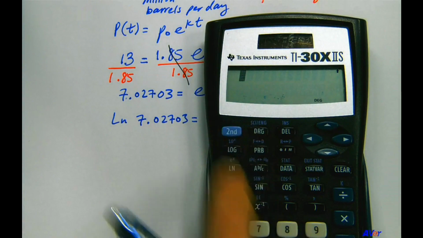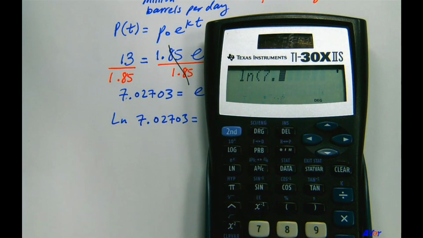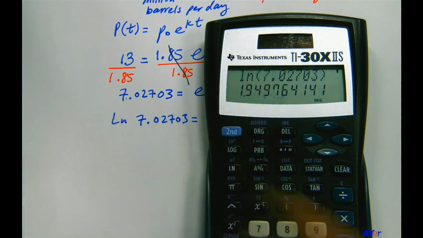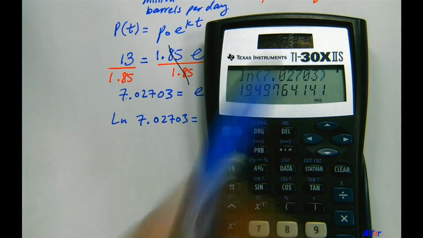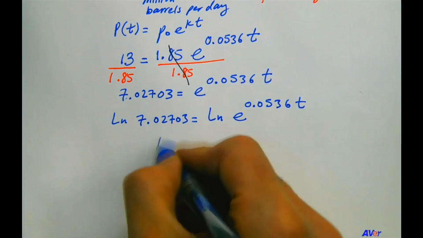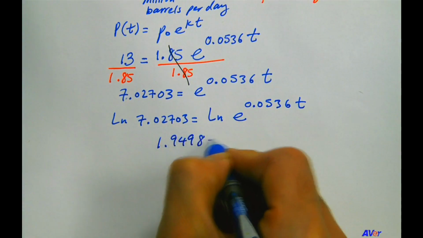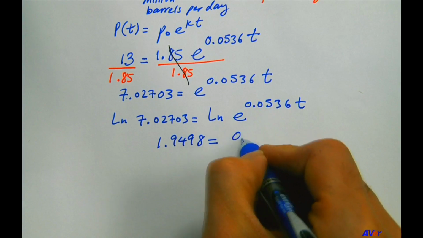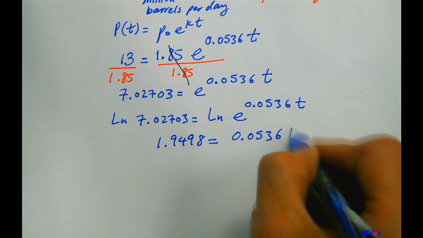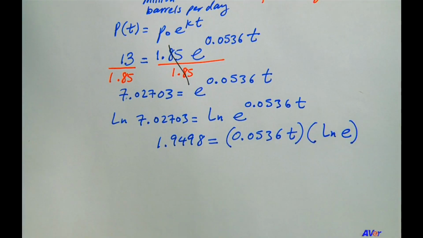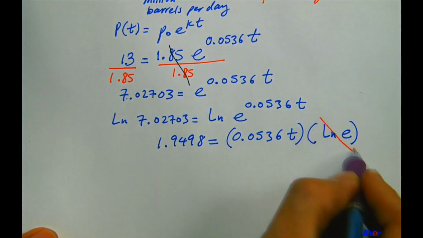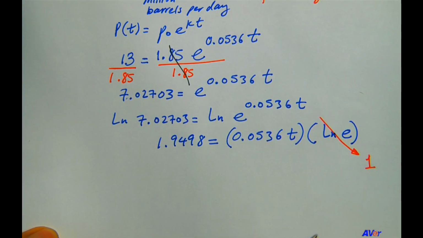So, natural log of 7.02703 is 1.9497. I'm going to round that 7 to 8, so 1.9498 equals, on that side, 0.0536 T times natural log of E. Well, last time we learned that natural log of E is 1, right?